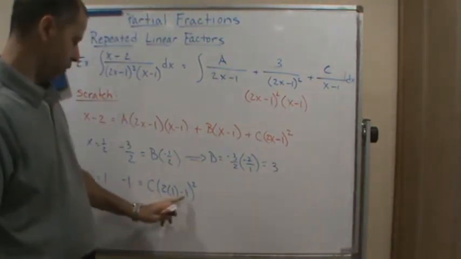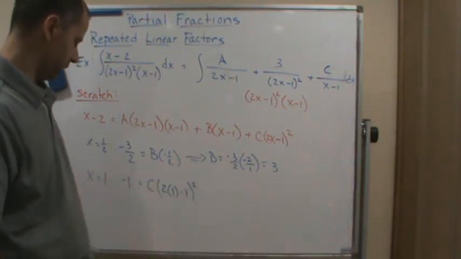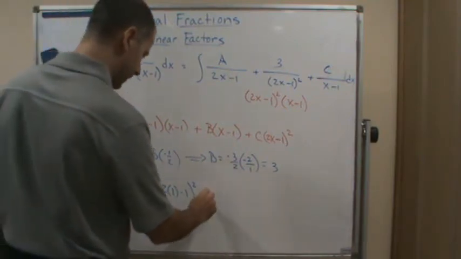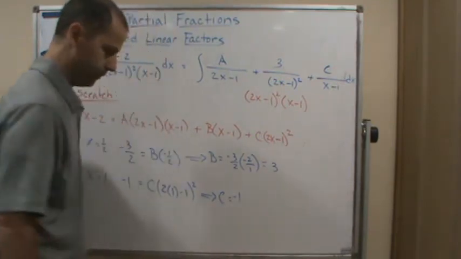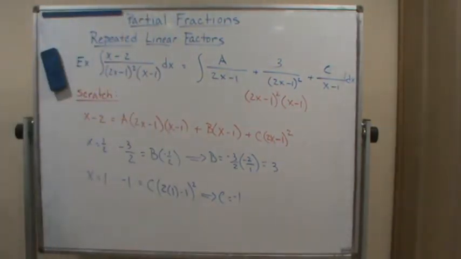Well, this is 2 minus 1, which is 1, and 1 squared is 1, and so we get c equals negative 1. Okay?